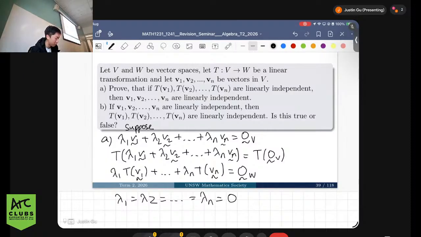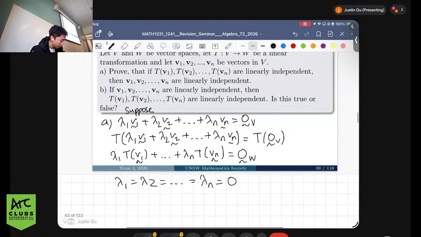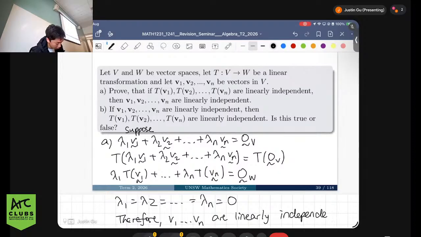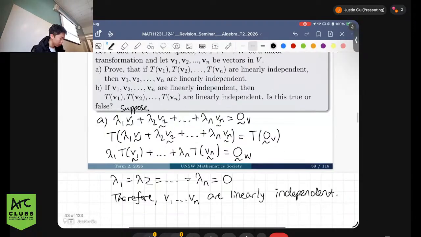This is just by definition of linear independence. Because all coefficients are 0, we can say v1 to vn are linearly independent because it's an if and only if statement. So we essentially go back to our first line.